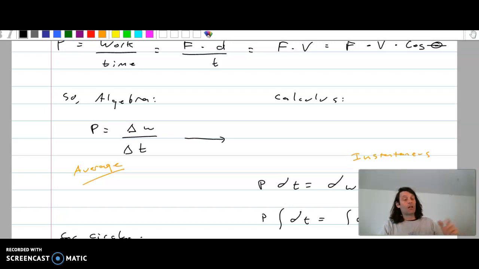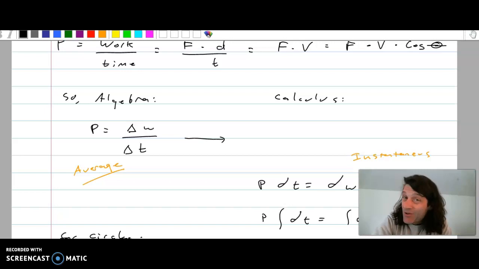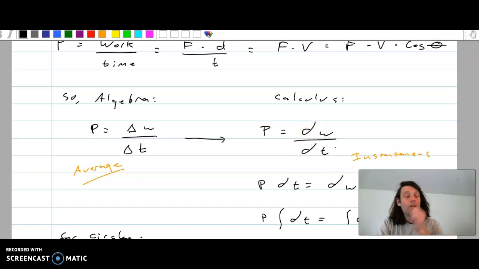Remember algebra? Power, again, is a change in work or a change in energy. It's the amount of work that is done in a given time interval. Calculus, all I'm going to do is change the triangle and it becomes a differential, a dW over dt. So this is changes in work over larger time intervals, which would be an average amount of power extended over an interval of time.